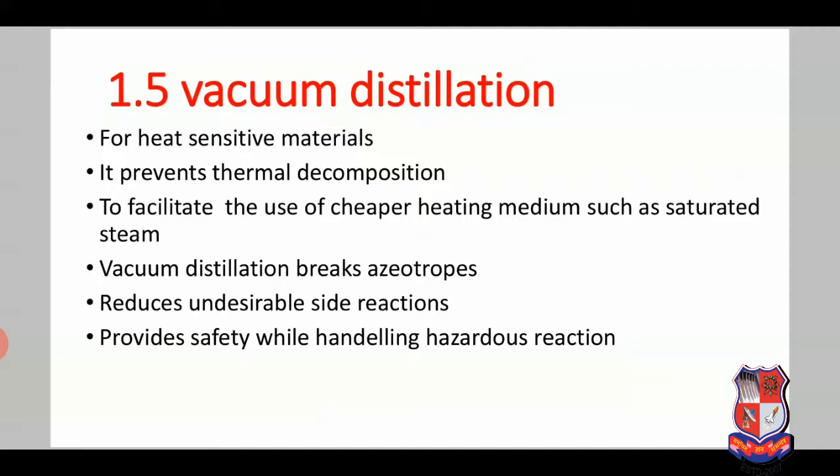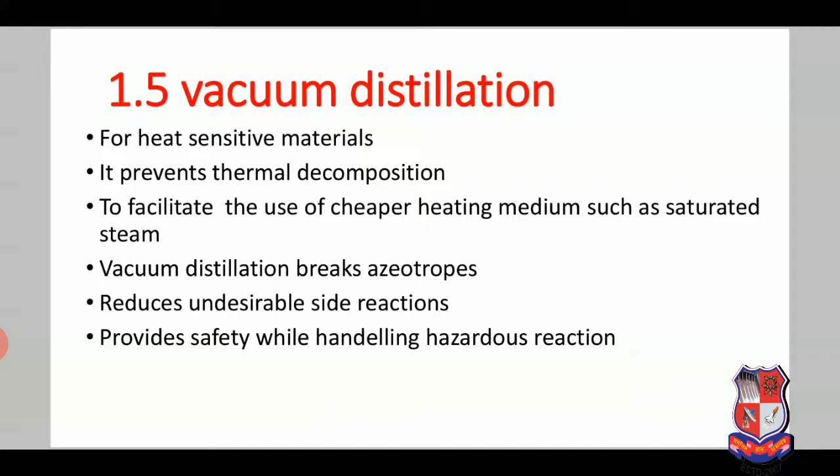Because some mixtures are heat sensitive materials. In many pharma industries, there are some mixtures which decompose or crack at higher temperature. So you cannot distill those mixtures at higher temperature. You need to distill those mixtures at lower temperature.